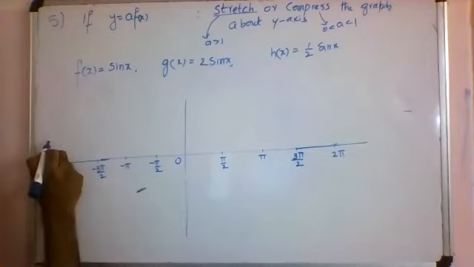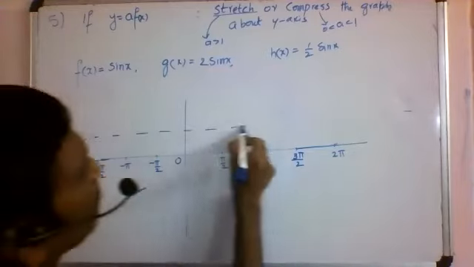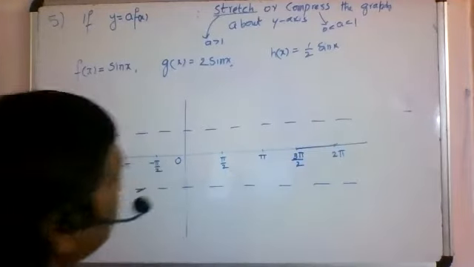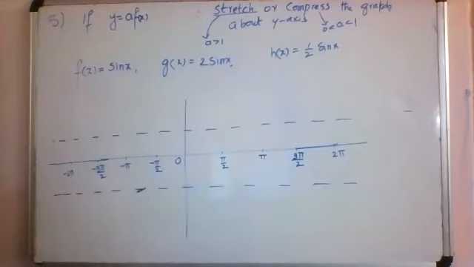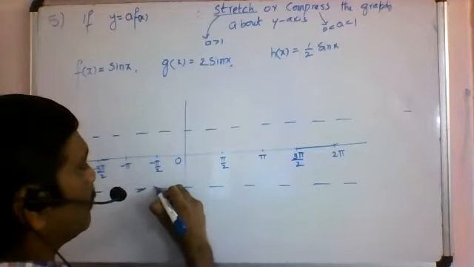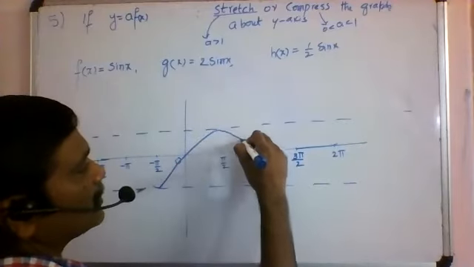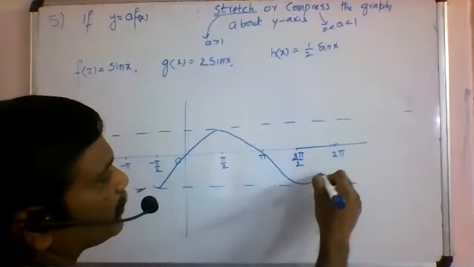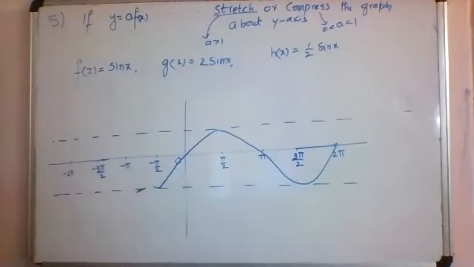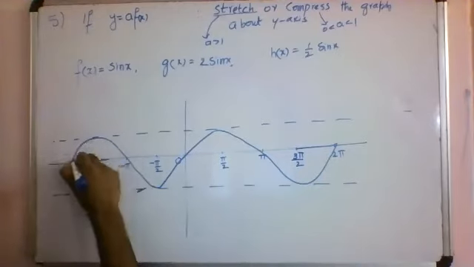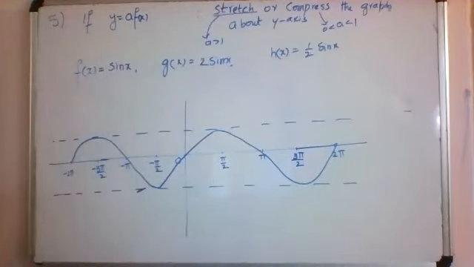The maximum value of sin x is plus 1 and the minimum value is minus 1. So your original graph is going to be like this. Sin 0 is 0, sin 90 is 1, sin pi is 0, sin 3 pi by 2 is minus 1, and sin 2 pi is again 0. This side also, sin minus pi is 0, and sin minus 2 pi is 0. This is the graph of the original sin x, f of x equal to sin x.